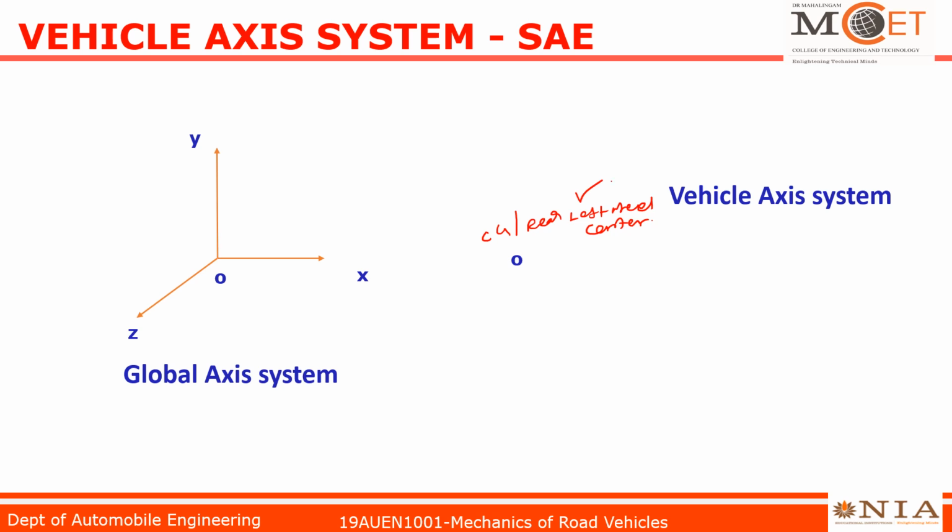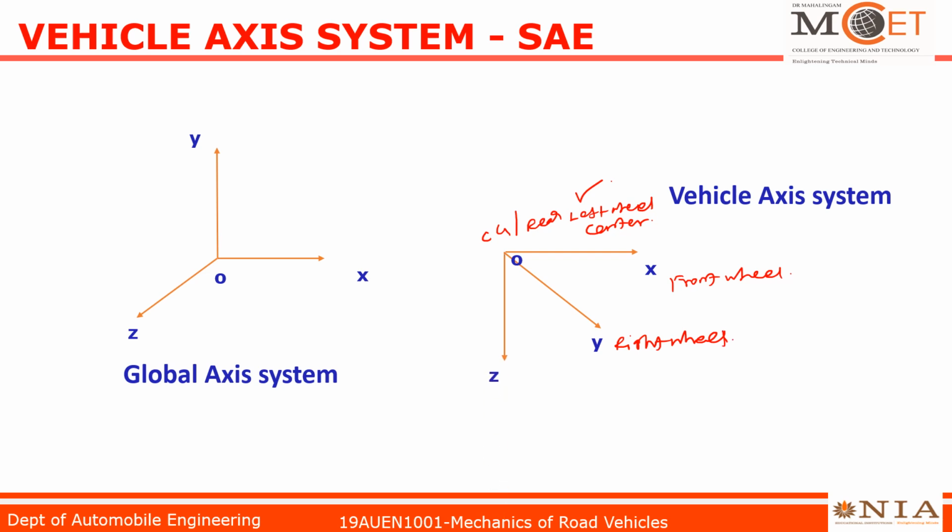I just take the rear left wheel center point as point O. From the rear left wheel to the front wheels, we mark it as the X direction. From the rear left wheel to the right wheel, we mark it as the Y direction.